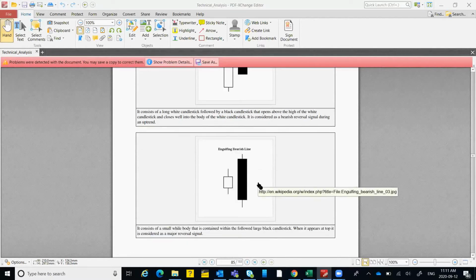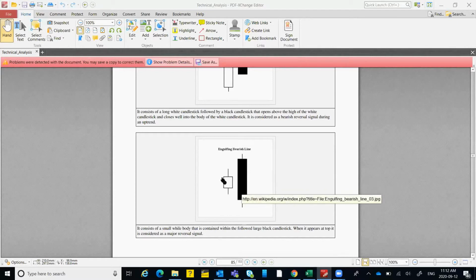The next important thing here is bearish engulfing. There will be a small white body here, and this will be completely engulfed by a black body. The opening price will be higher than the closing price of the previous candle, and the closing price will also be lower than the opening price of the previous candle.